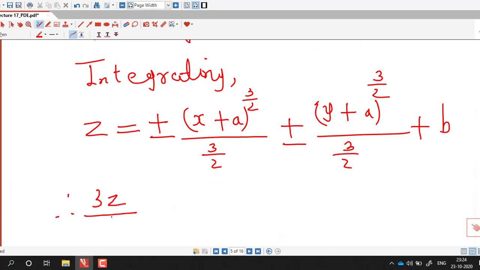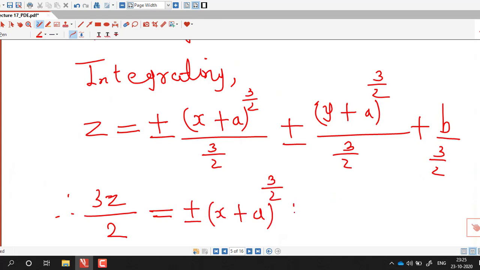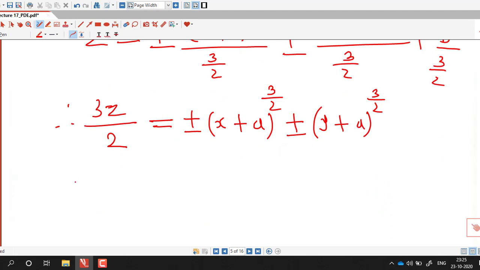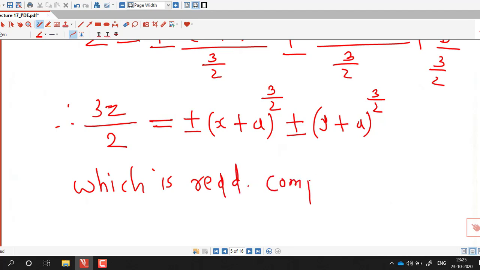So here I can write 3z, and the constant of integration can be adjusted as b upon 3 by 2. So if I take 3 by 2 on the left hand side, I will have 3z by 2 equal to plus or minus x plus a to the power 3 by 2 plus or minus y plus a to the power 3 by 2. So this is the required complete integral, where a and b are arbitrary constants.